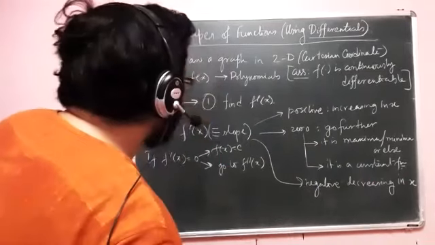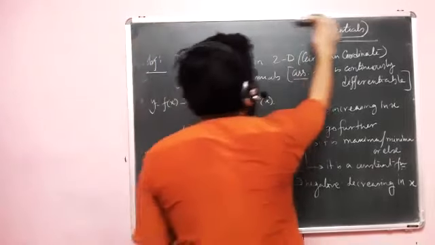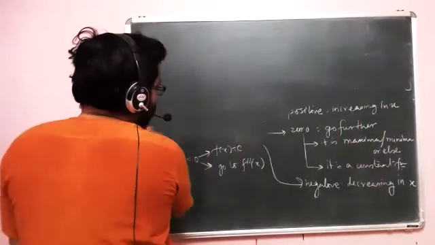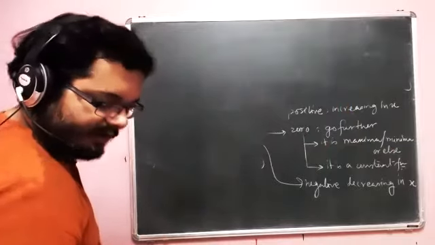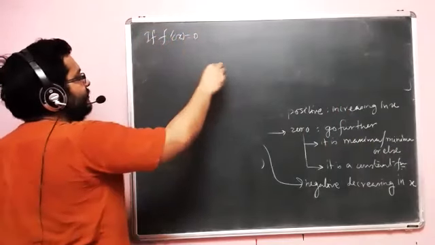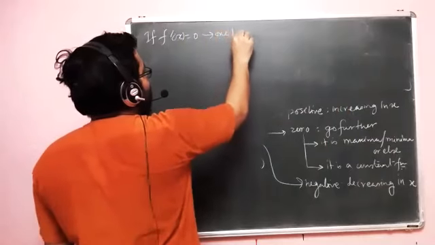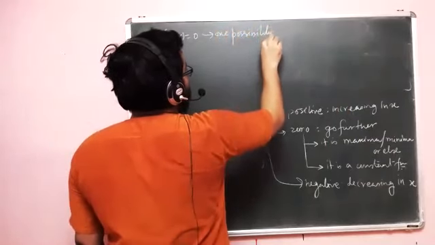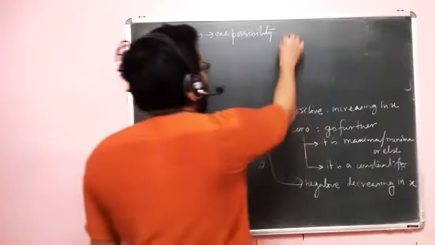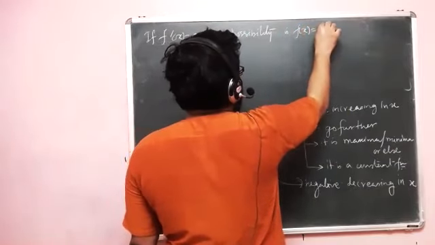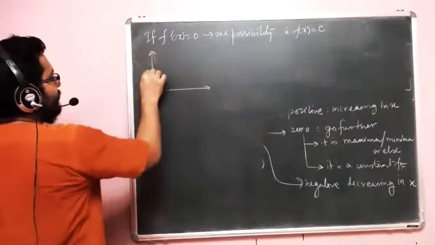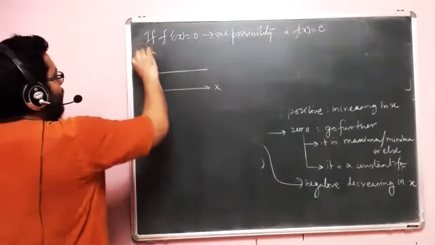Before going into that, let us first write that if f dash x is equal to 0, one possibility, note that it is only one possibility because there are others as well, is f of x equal to c. It will look like this: if this is c, then this is x, and this is f of x.